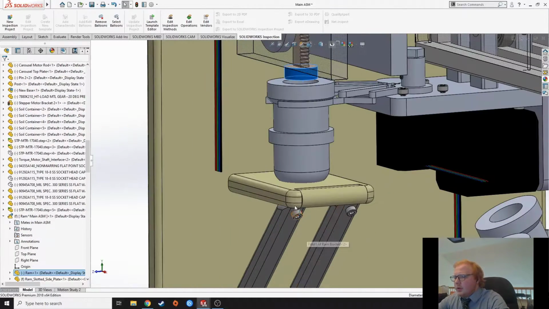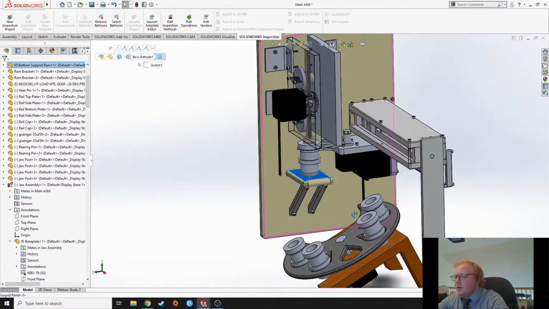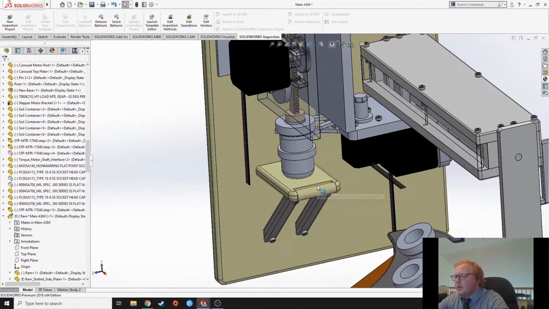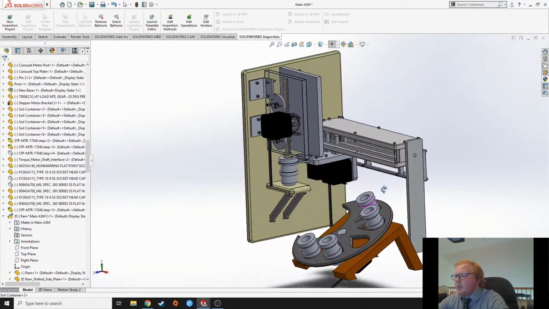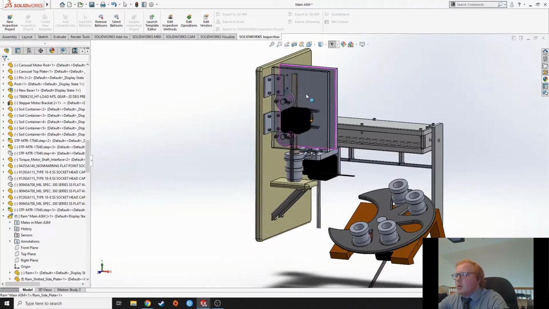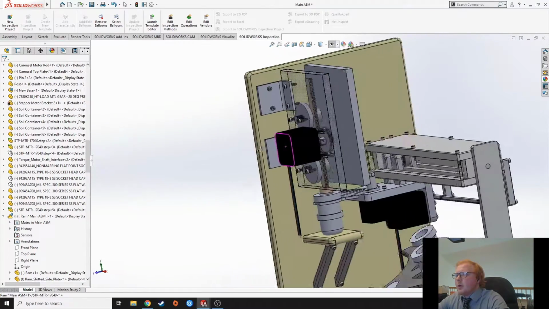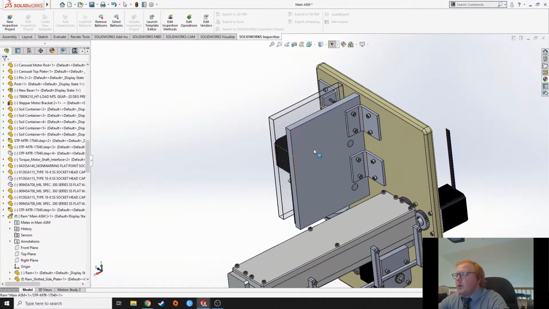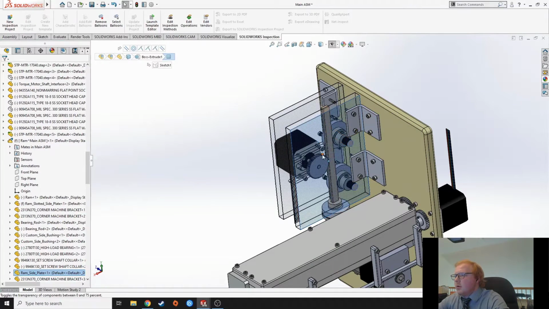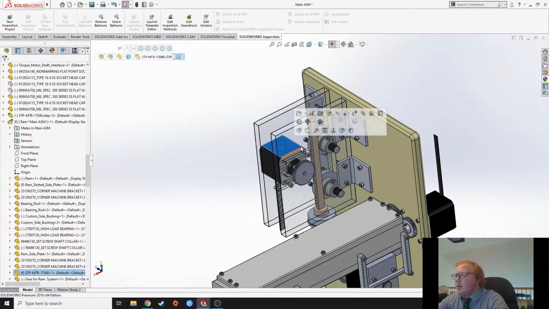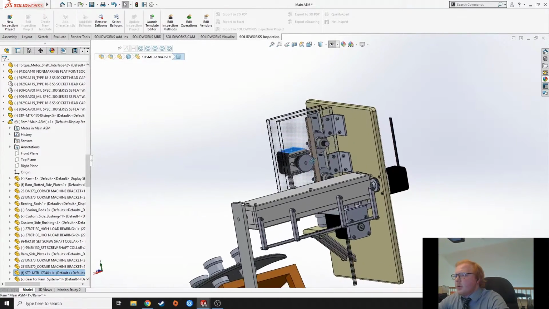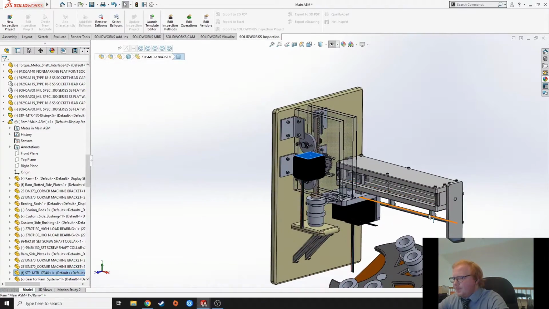And then there was going to be a mass sensor or load cell in this ram platform, so we could collect some properties. I made this part transparent here so we could see how this ram rides along these two bearings, and this gear drives the ram up and down, actuated by that stepper motor on the front of the ram system.